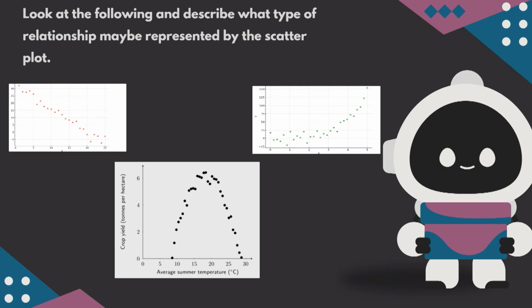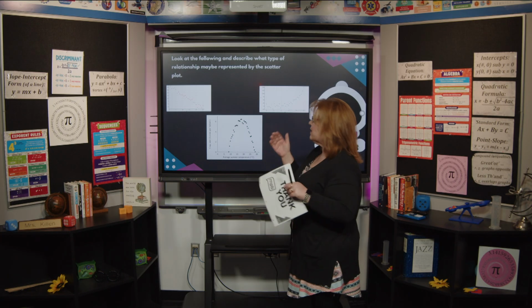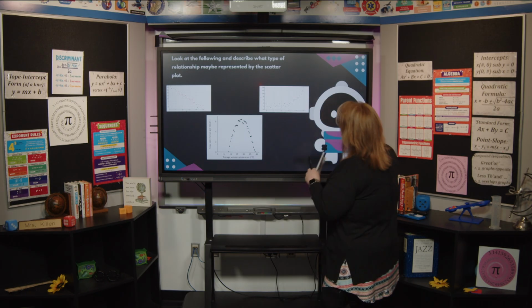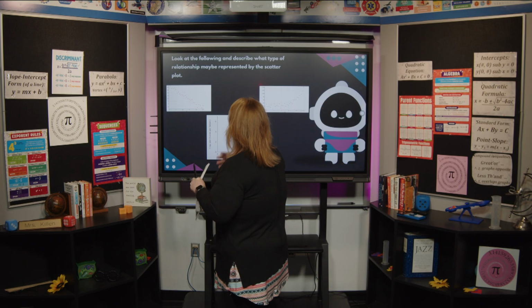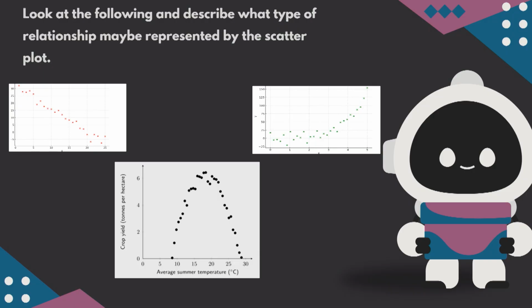So here we go. Look at the following and describe what type of relationship may be represented by the scatter plot. Obviously these scatter plots are not an exact line or an exact parabola or an exact curve, but they are shown like those different equations. If I looked at this one, I could draw a straight line. Ms. Killen can't draw a straight line, but we could say this is a linear scatter plot. Now let's look at the bottom one.